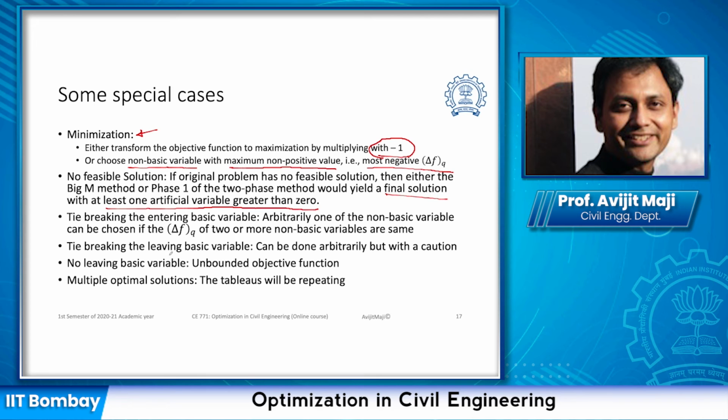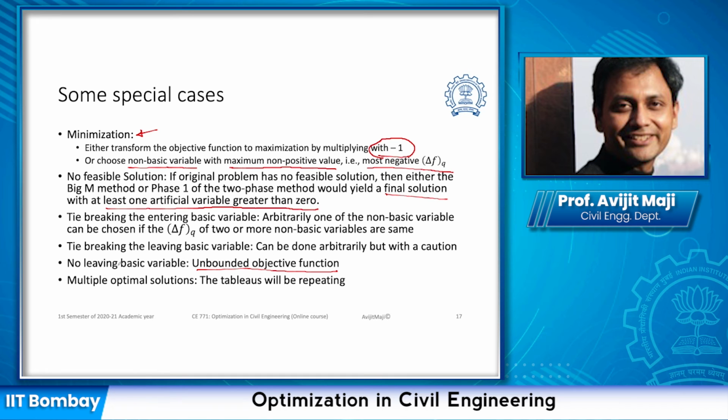The other case could be we may have a problem with no leaving basic variable. So this is a case of unbound objective function. If you have formed a tableau and we are trying to solve, we are unable to find any basic variable which is going to leave, then basically we cannot solve that problem, as this problem is an unbound problem.